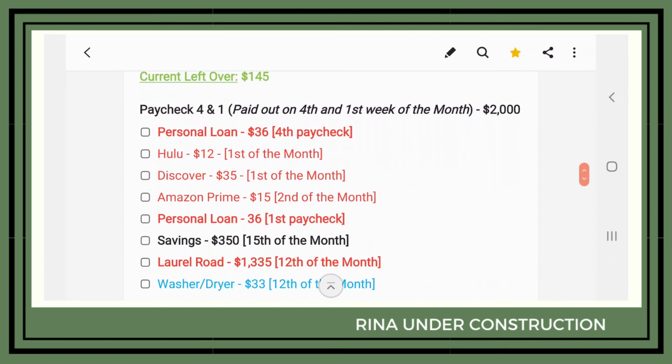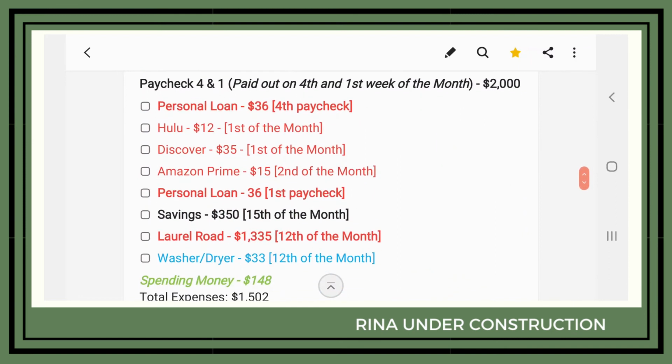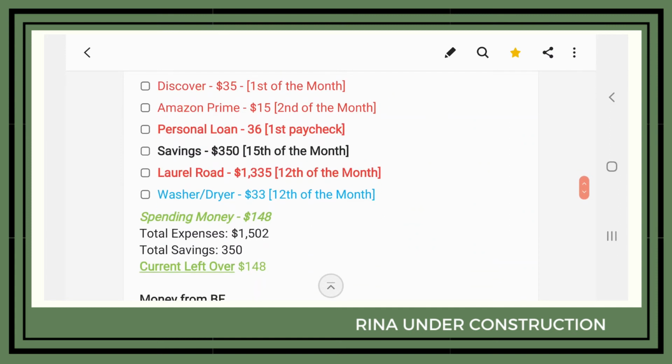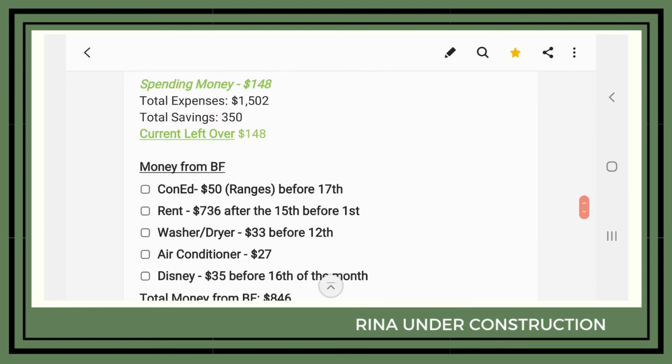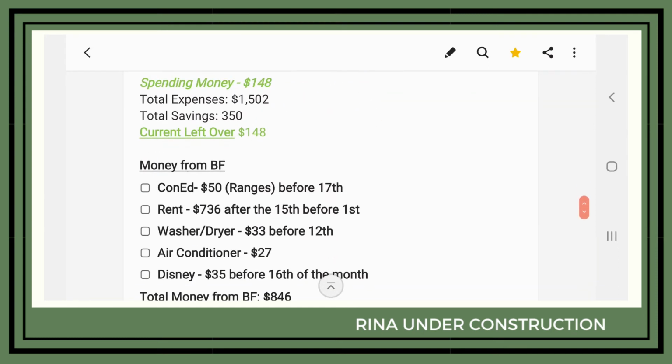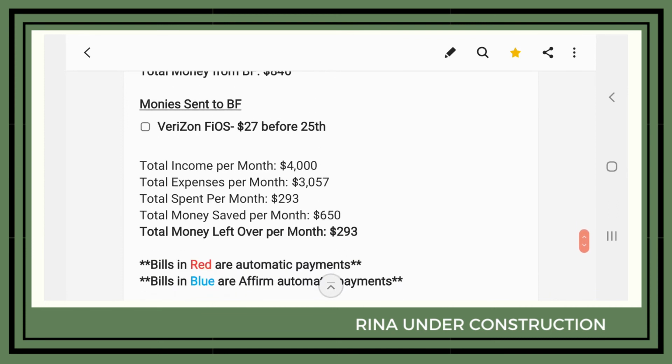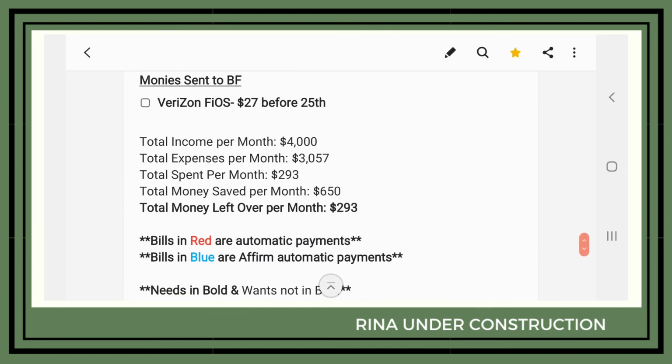The only thing is that I put an extra check in this section, and I basically increased my savings from $350 to $1,350. Like I said, I always pretend I'm getting paid off of 4 paychecks, and then any 5-week months I add that last paycheck to my savings.